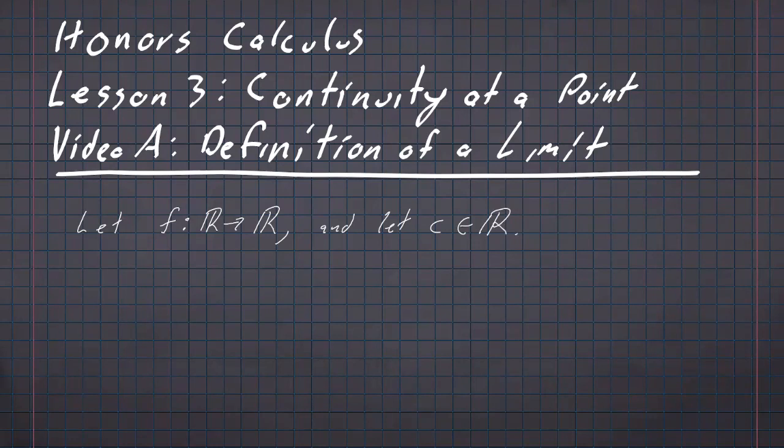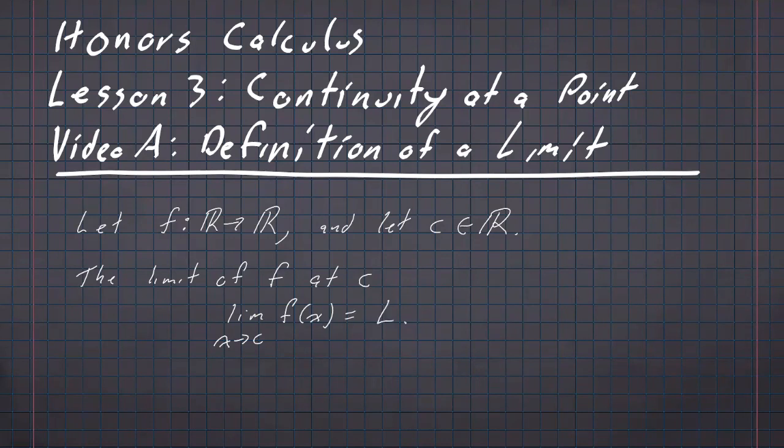So let's start off by letting f be a real valued function, and let's let c be any constant, any real number. The limit of f at c is denoted LIM, a nice abbreviation for limit, as x approaches c.